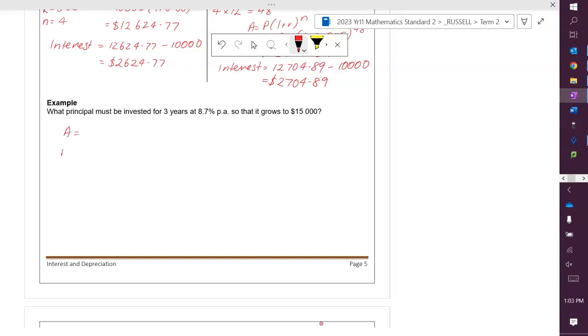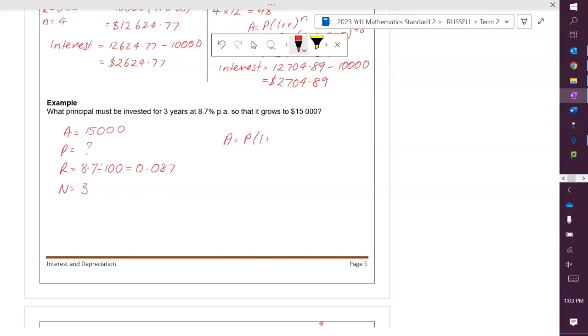So if we start with filling in our letters, what principal must be invested for 3 years, so that's our term, at 8.7%, so 8.7 divided by 100, 0.087. And we want it to grow to 15,000, so that's our amount. So I'm trying to find that principal.